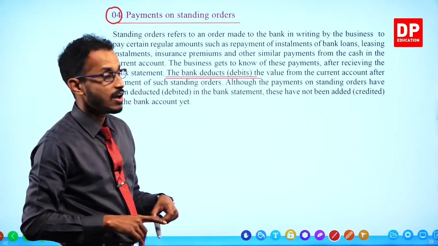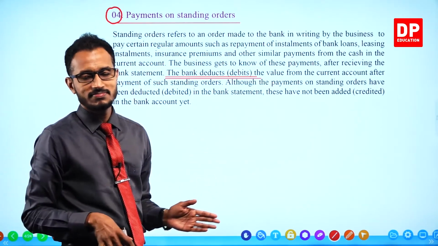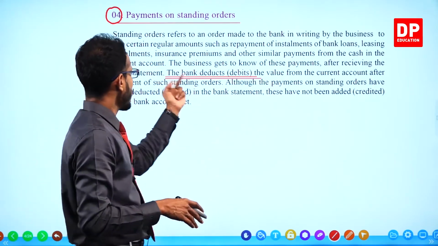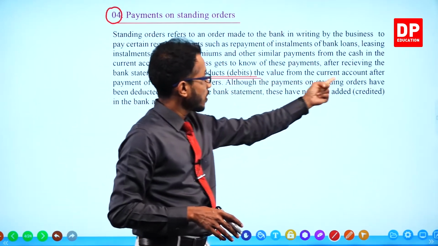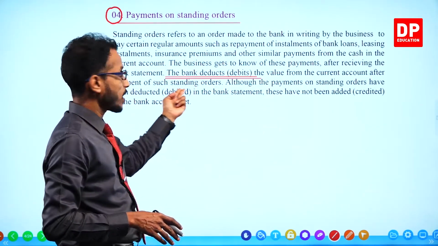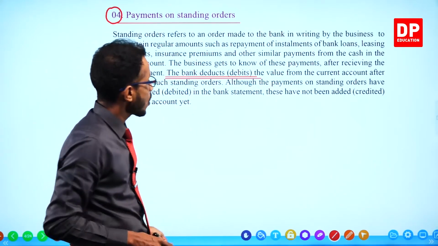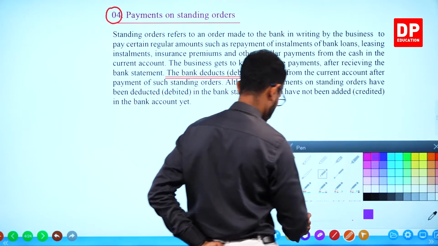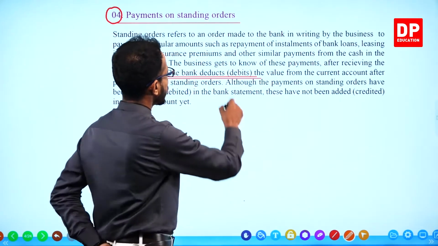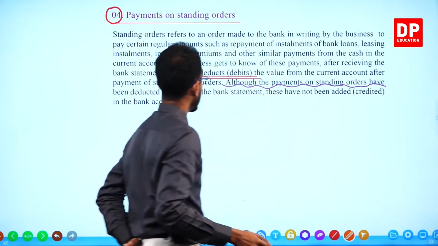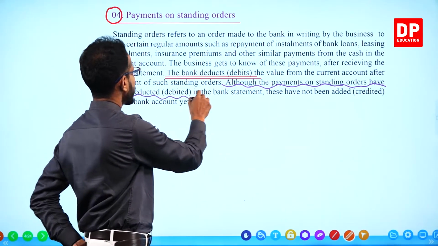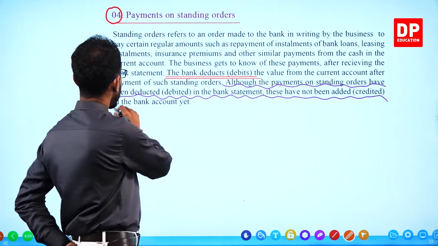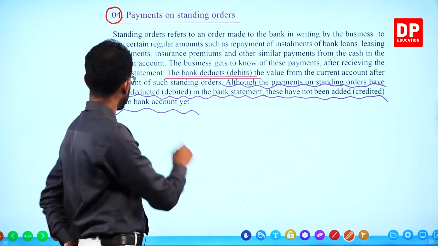Never forget this. If you forget this, you're going to go wrong. The bank deducts or debits the current account after the payment of standing orders. Although the payments on standing orders have been deducted in the bank statement, these have not yet been credited in our bank account.